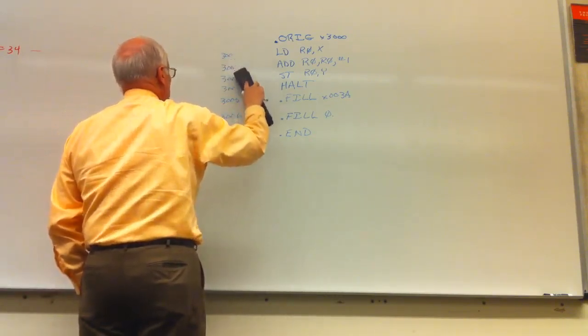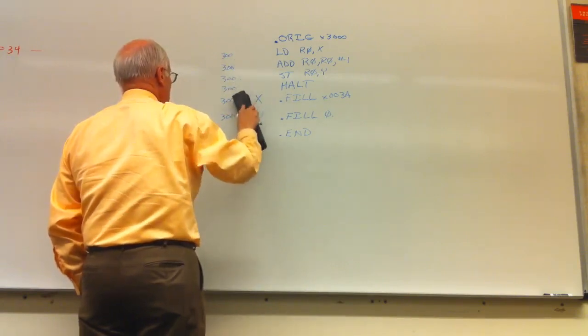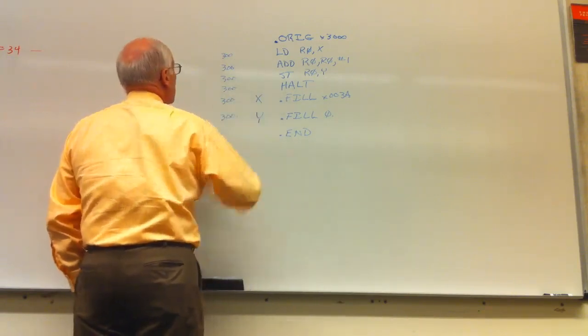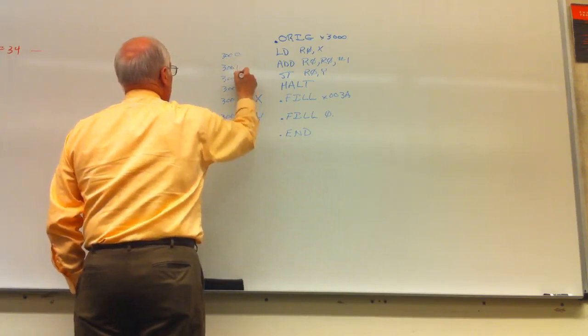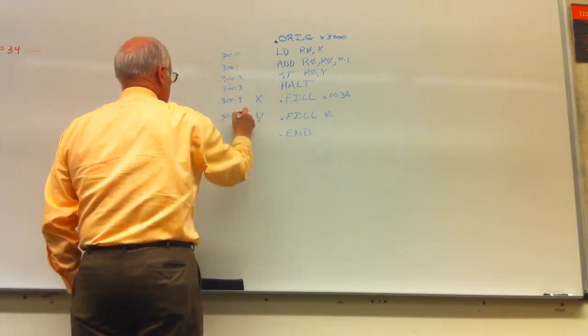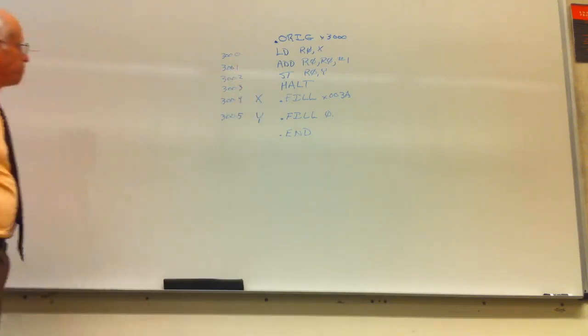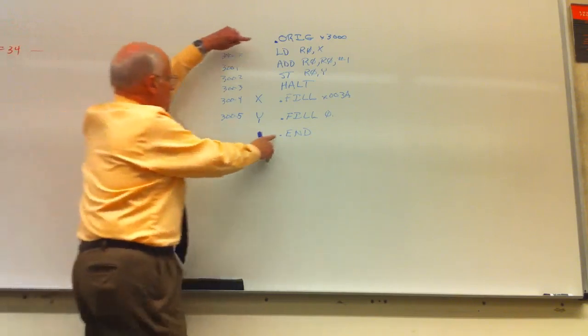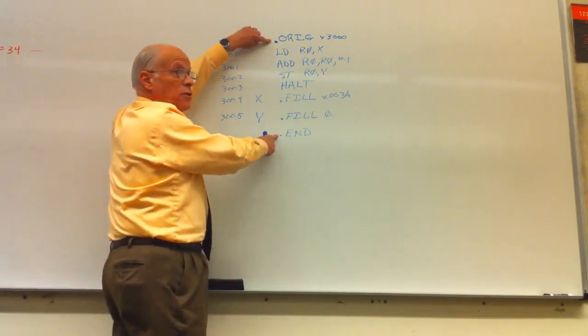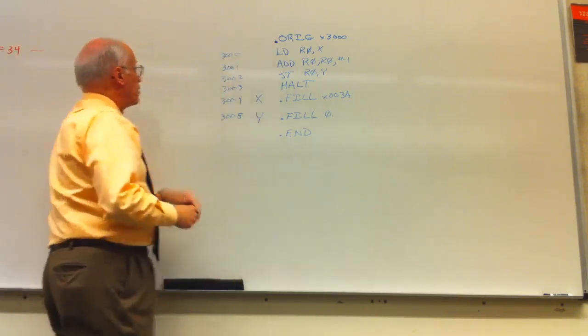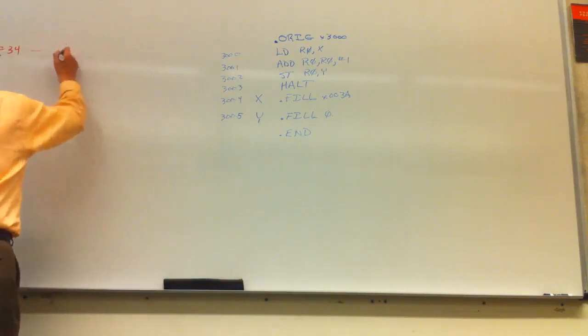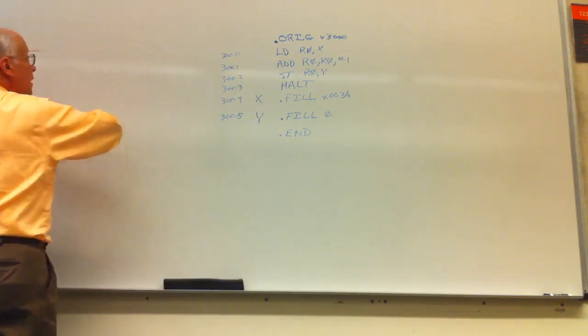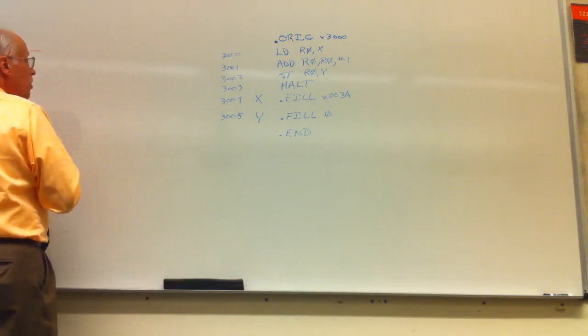I'm off by 1 on all my counts there, because these things are not instructions. They do not occupy space in my memory. So, let's see what goes into these actual memory locations.